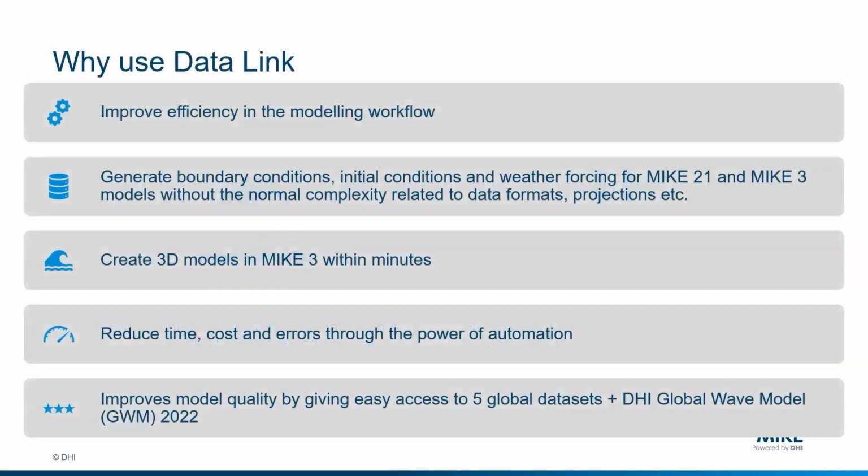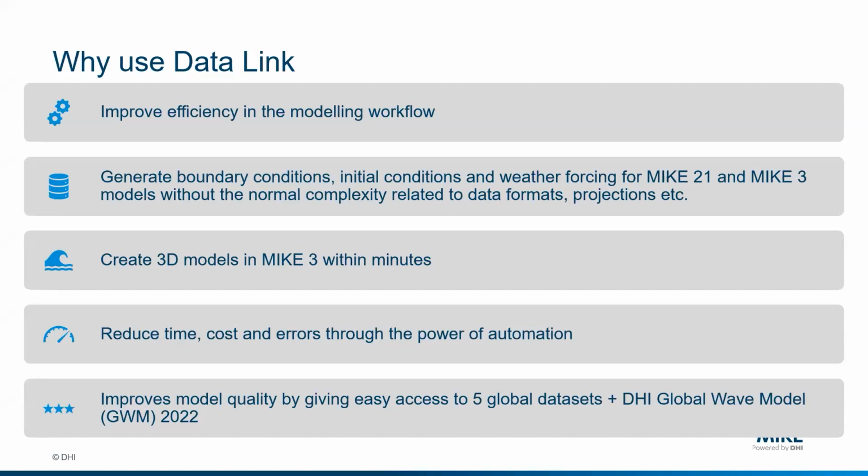So DataLink is designed to handle a number of important steps in the model creation workflow. We can easily generate boundary conditions and initial conditions and weather forcings for Mike 21 and Mike 3 models. We can create full three-dimensional boundary conditions for Mike 3 models in record time.